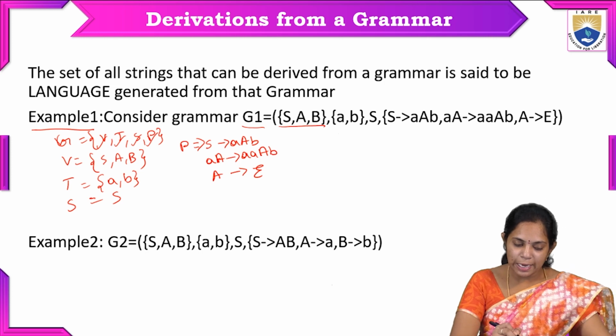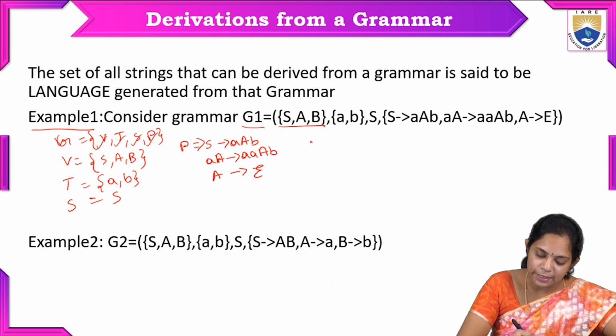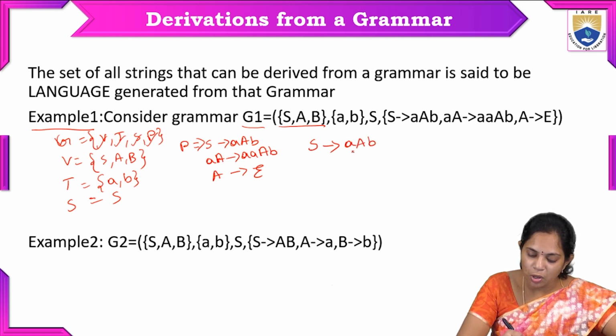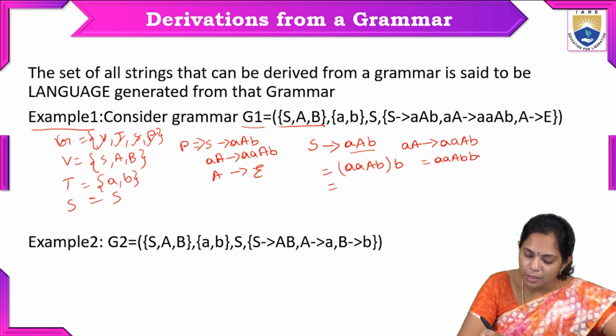Let me derive a language from the given grammar. How to derive? First we have to start with the starting symbol. The starting symbol is S, and we take the production rule and substitute the values. Here we substitute A, so S becomes AB, and then we substitute again, giving AbB.